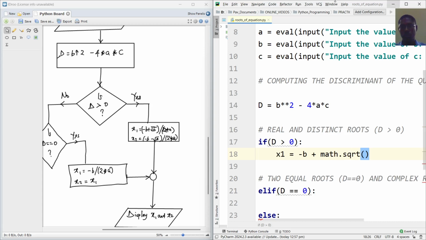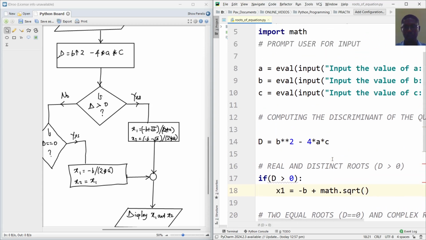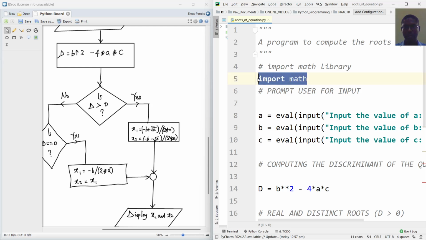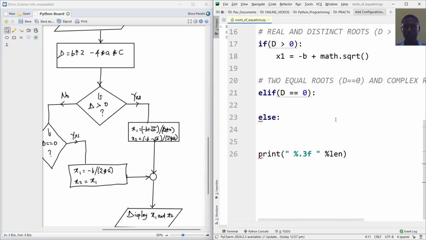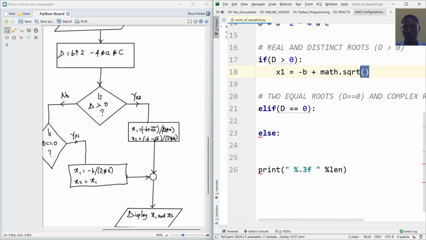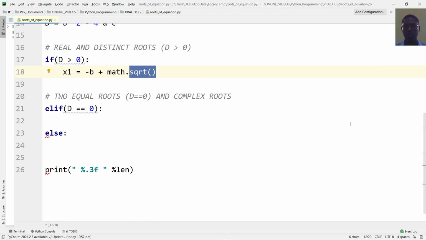So we have to import the math library. Then in the math library we use the dot to pull the square root function, which is sqrt.